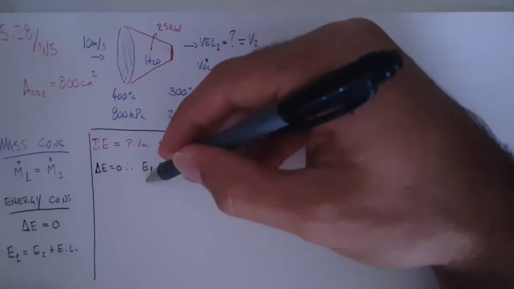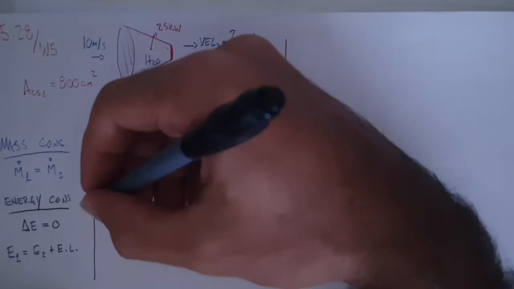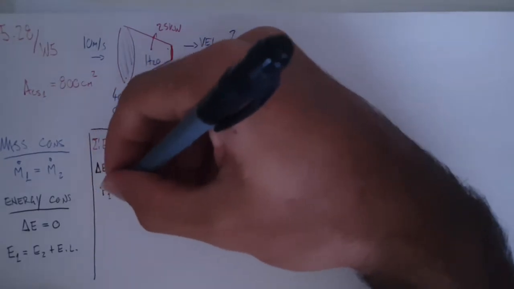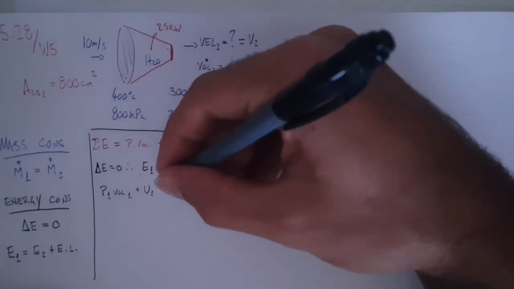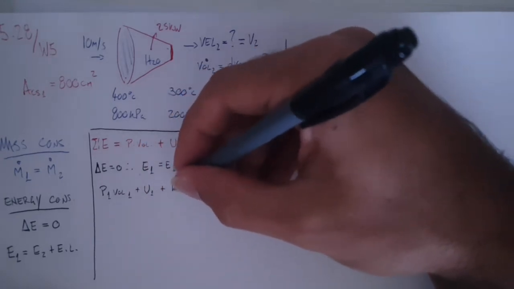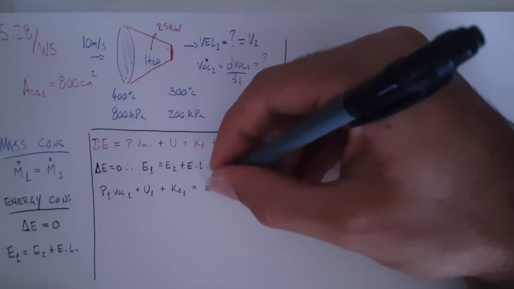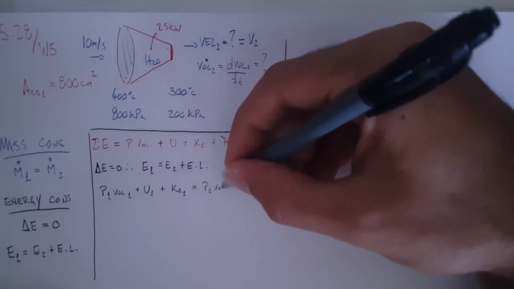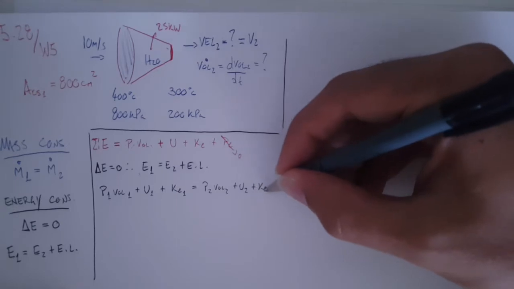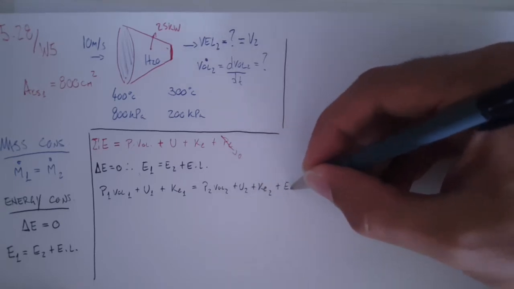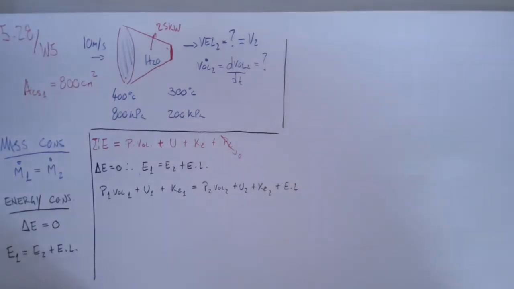Okay, and then we can write this energy state here with these variables. So pressure 1, volume 1, plus the internal energy 1, plus the kinetic energy 1 has to be equal to pressure 2, volume 2, plus the internal energy 2, plus the kinetic energy 2, plus the energy that was lost during this process. Right?